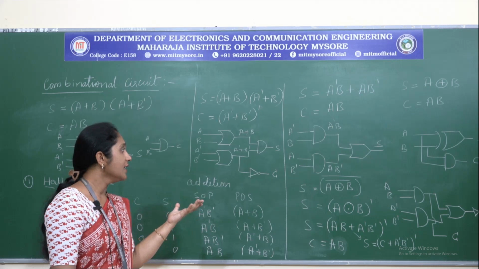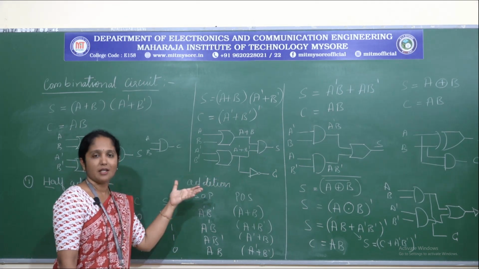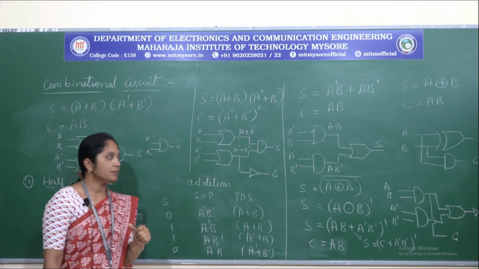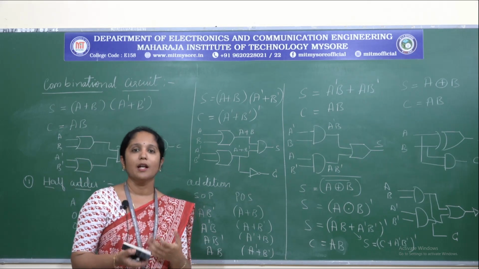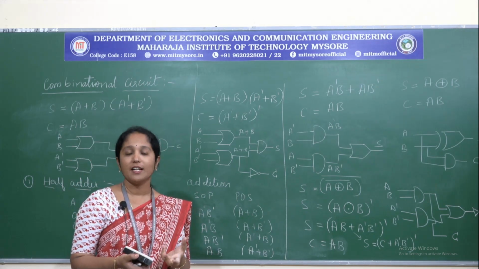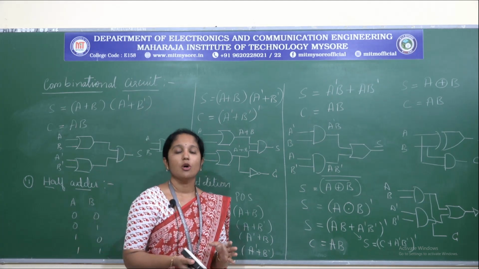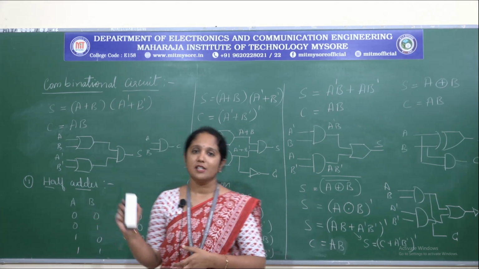Depending on whichever signal is available, we can go for any of these circuits. After understanding all the possible circuits for half adder, let us see the full adder circuit and understand how to write the full adder truth table as well as the circuit.